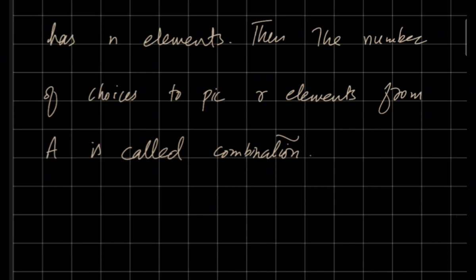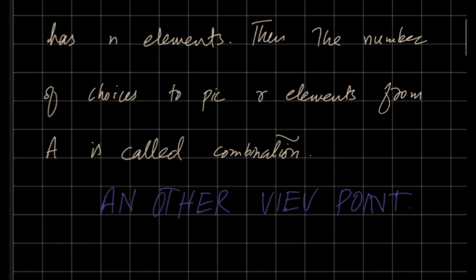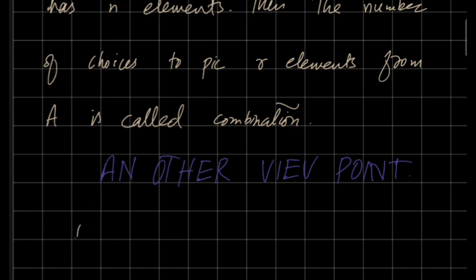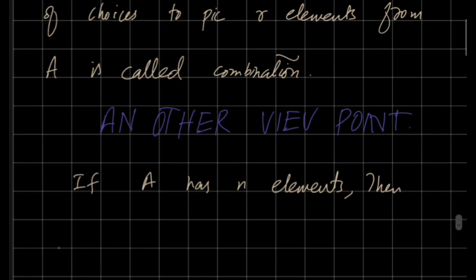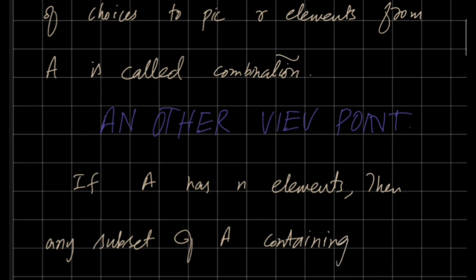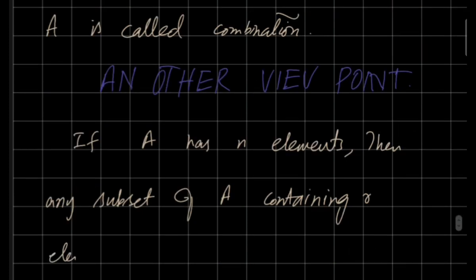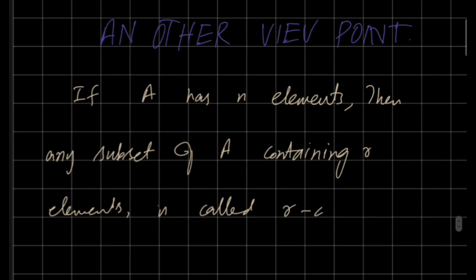So let's have another viewpoint. If A has n elements, then any subset of A containing r elements is called an r combination.